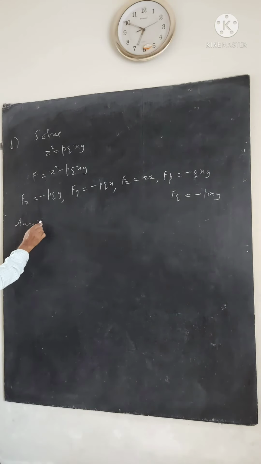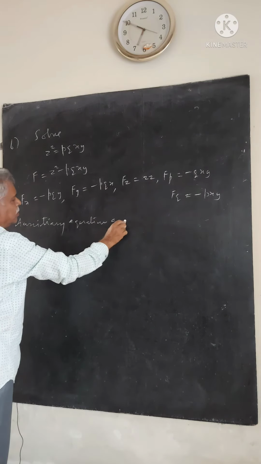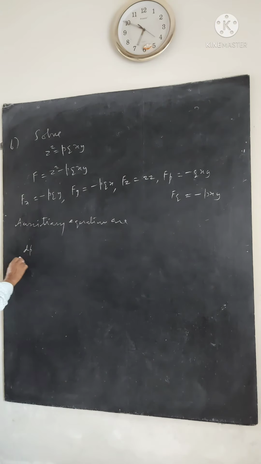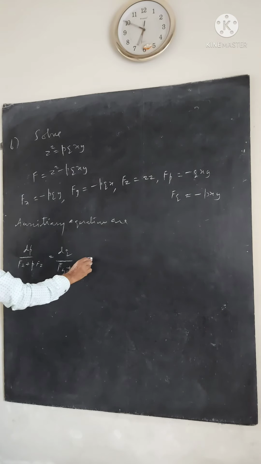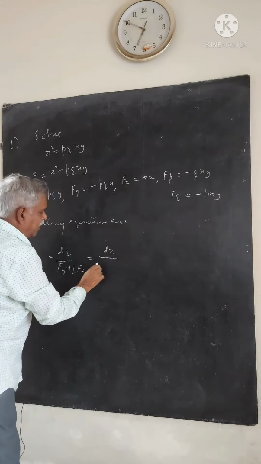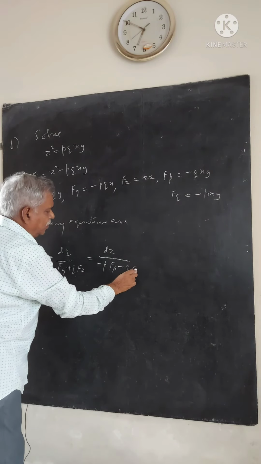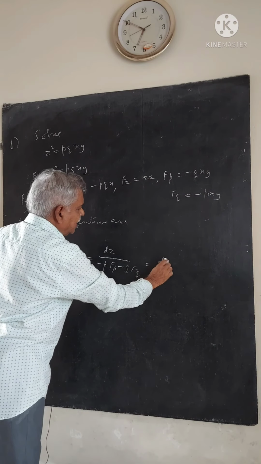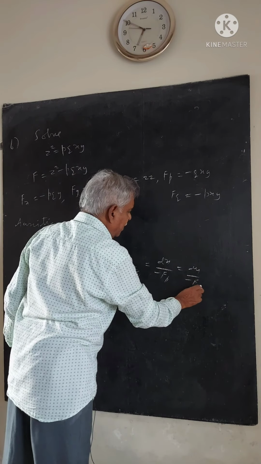Auxiliary equations are dp by Fx plus p Fz, dq by Fy plus q Fz, dz by minus p Fp minus q Fq, dx by minus Fp, dy by minus Fq.